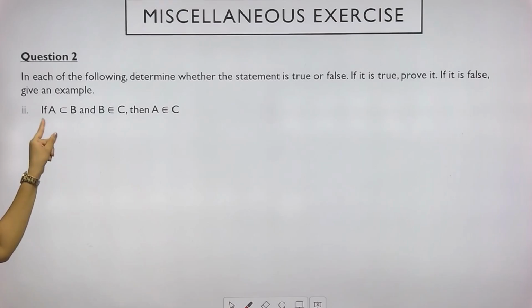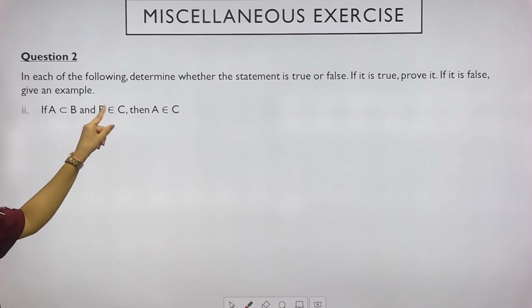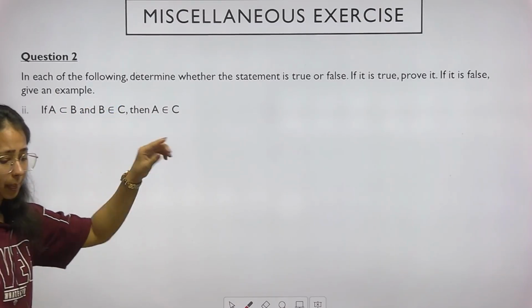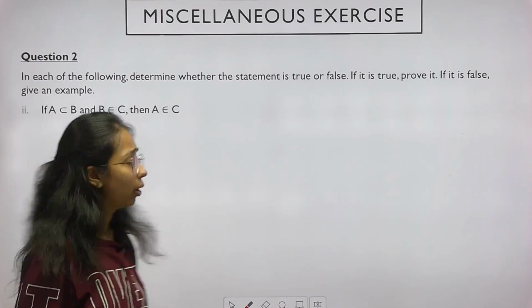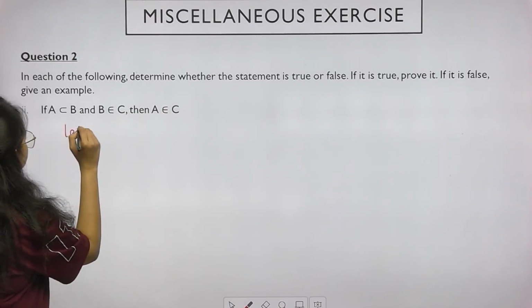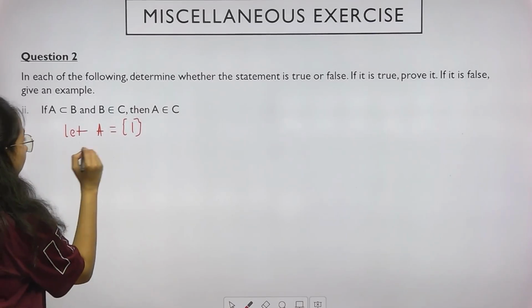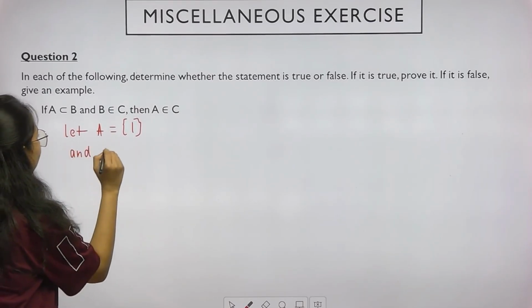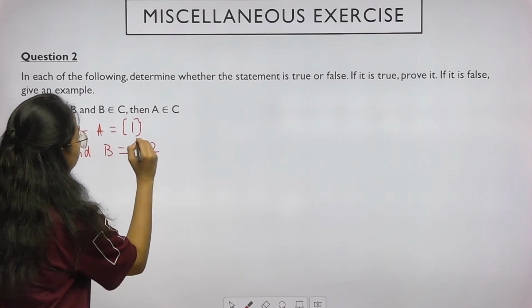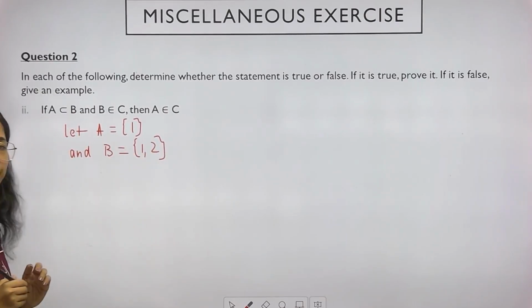It says that A is a subset of B and B belongs to C, then A belongs to C. So we need to disprove this as well. Let A be equal to curly bracket 1 and B be equal to curly bracket 1, 2.